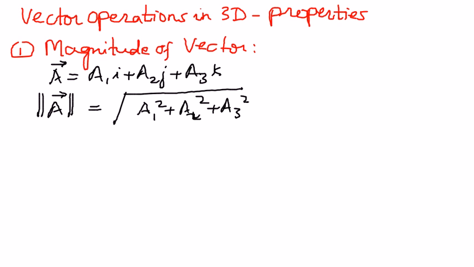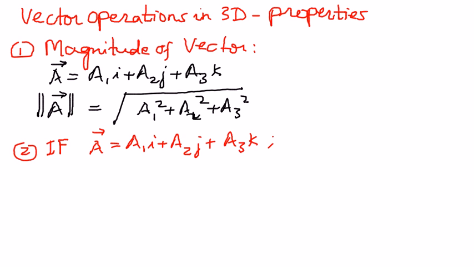The second property is telling us that if we have 2 vectors, if A is a vector and if the components of those are a1i plus a2j plus a3k, and then if we have another vector B, and if the components of those are b1i plus b2j plus b3k, then the following properties are true.